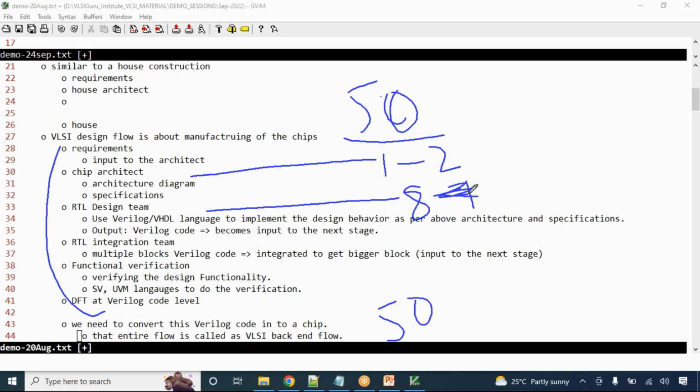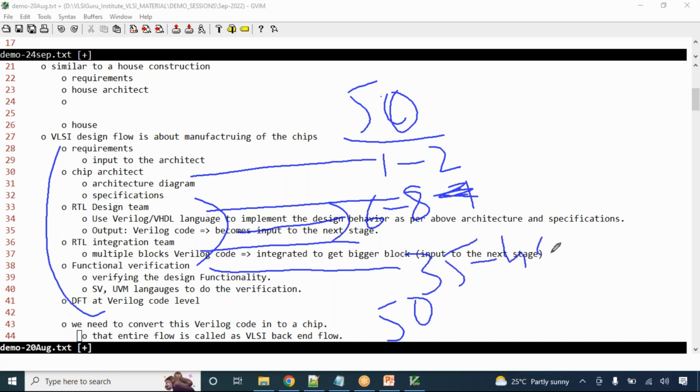Even 8 is sufficient, 6 to 8 people. Integration and design put together, 6 to 8 people. The verification will be almost 35 to 40 people. Now you can see where there are more opportunities.